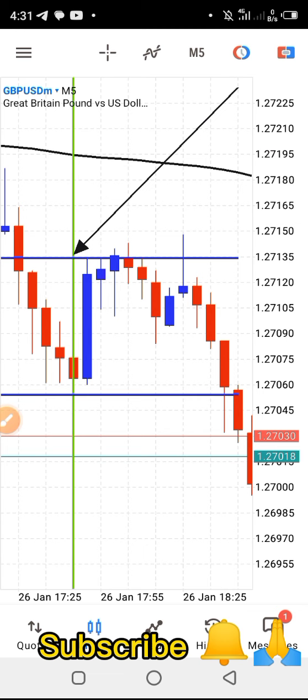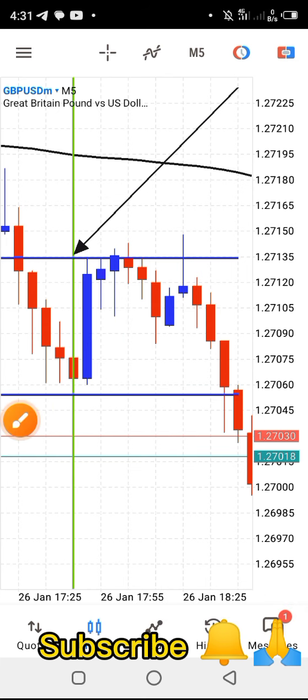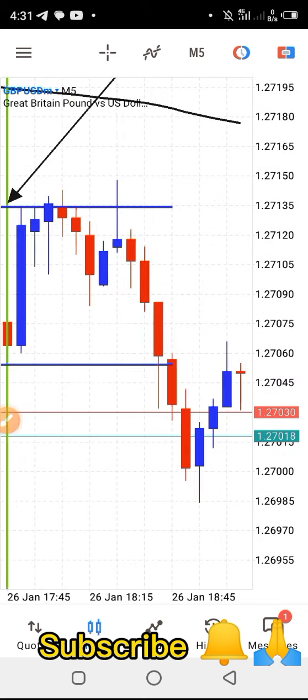Okay, so for this second one, this small red candle is the first 5 minutes candle. First candle, second candle, third candle. Okay, so the fourth one didn't really break and close above. It looks as if it broke above, but it was too small. We need something substantial. Okay, so you can see what happened.